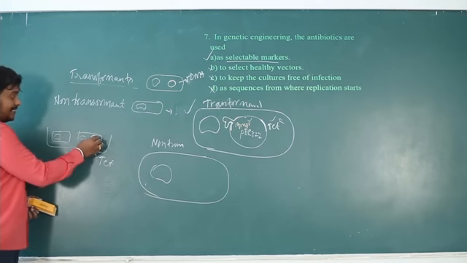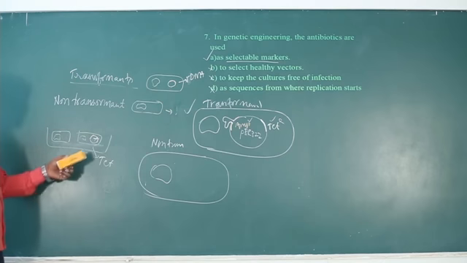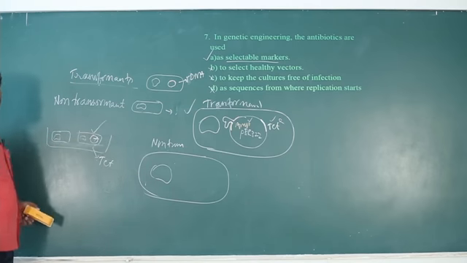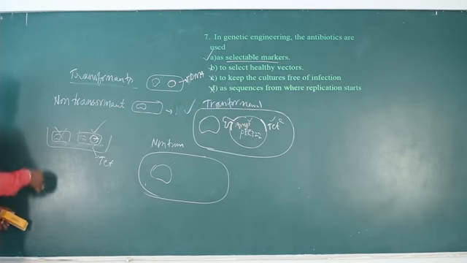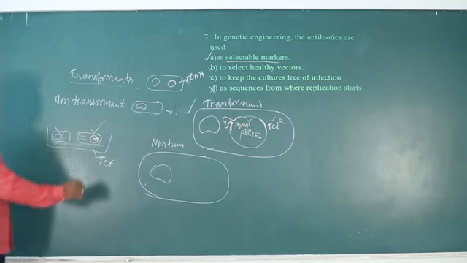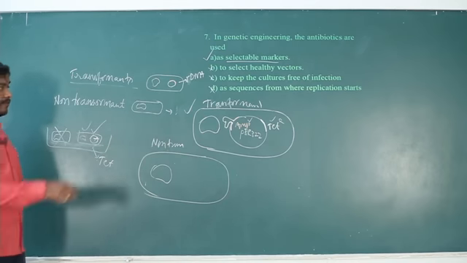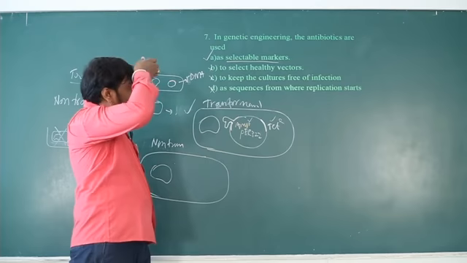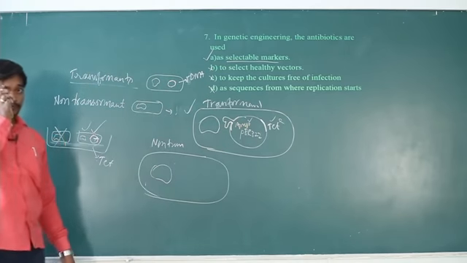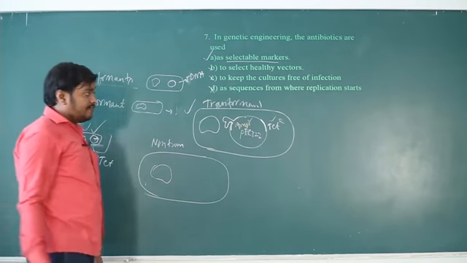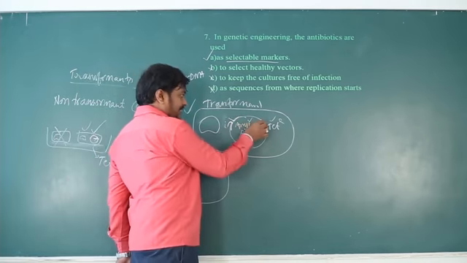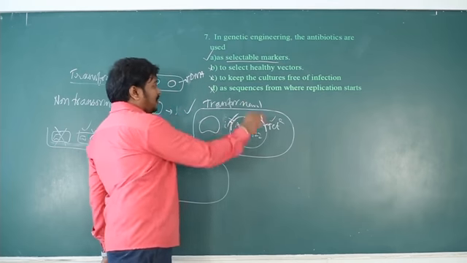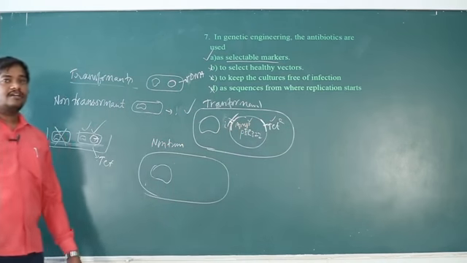Since it has the tetracycline resistant gene, it can survive, but the other is unable to survive. So we are able to select the transformants. Remember, in pBR322, if the gene is inserted at the ampicillin resistant site, we can select the transformants by growing on tetracycline. If you insert the desired gene at the tetracycline site, we are able to select the transformants by growing on ampicillin.